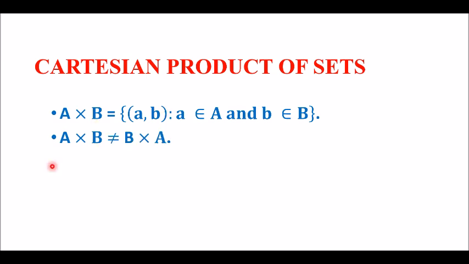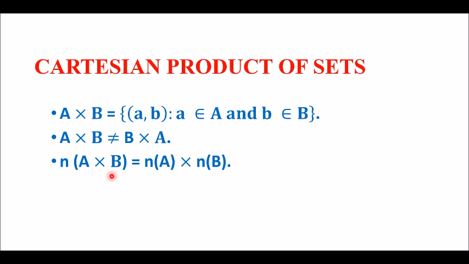And usually in Cartesian product A cross B is not equal to B cross A. That means, in other words, we can say Cartesian product is not commutative. Number of elements. How many elements will this Cartesian product have? That is known by this formula, where n represents the cardinal number.